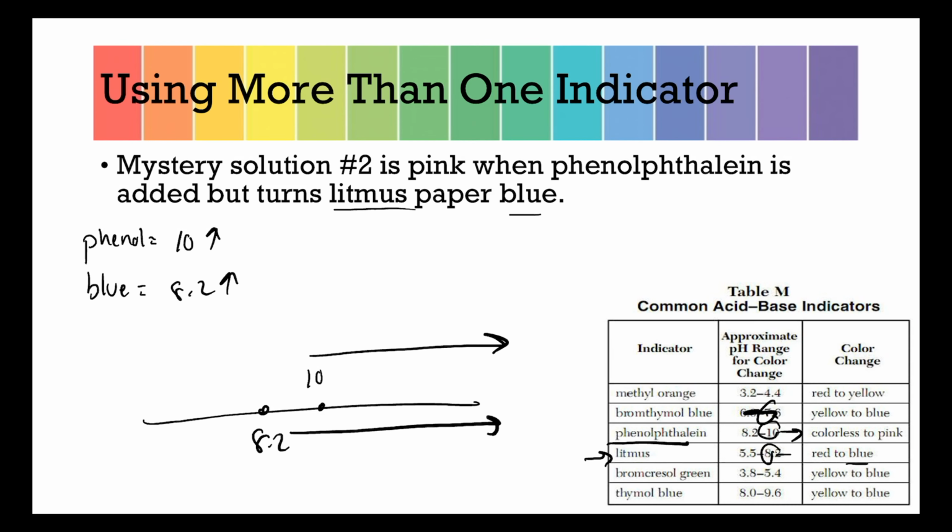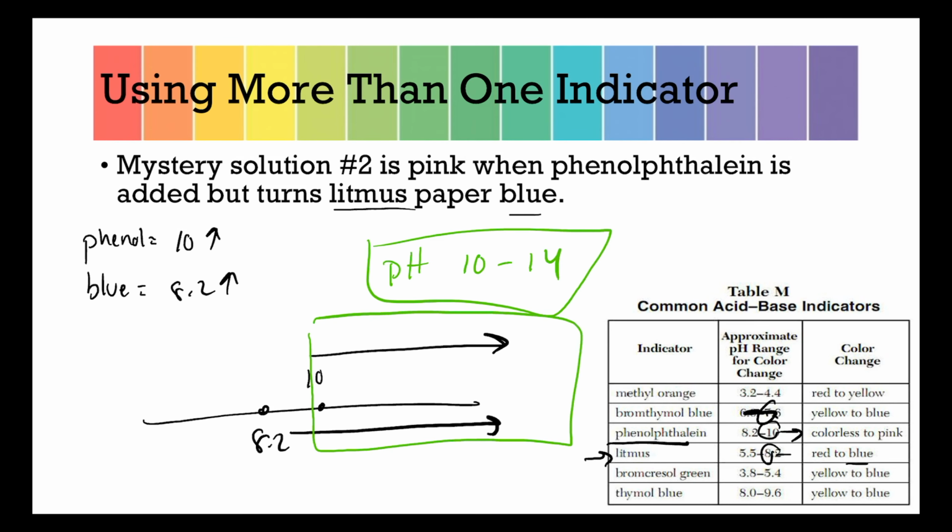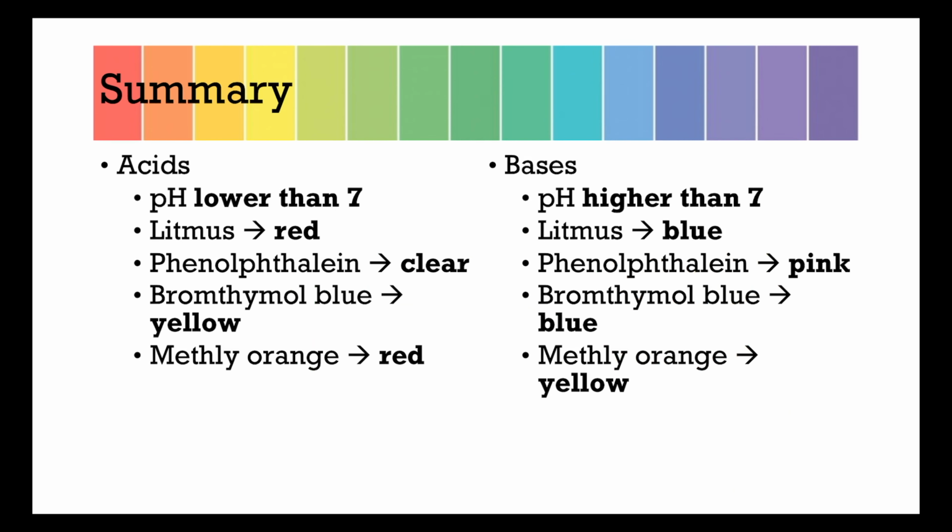You want to look at where those two lines overlap, and that's from 10 on. So here our pH can be between 10 and 14. In this specific example, we didn't get as small of a range, and that's sometimes the case. More indicators would have to be used.